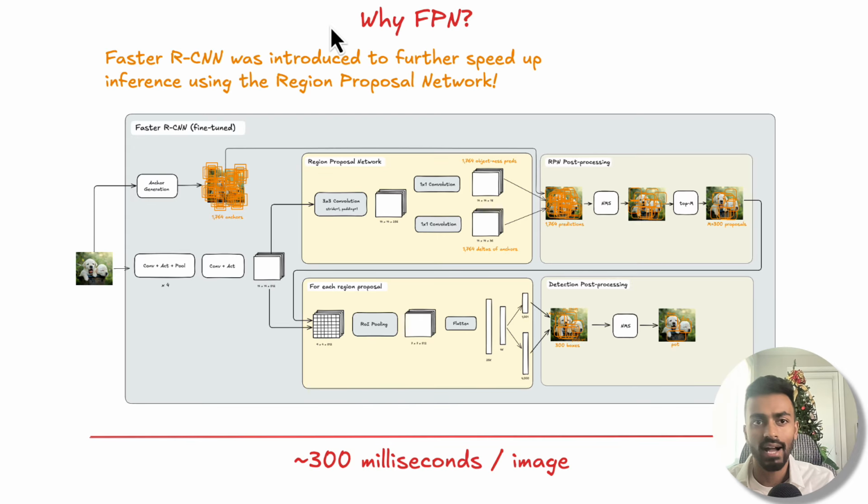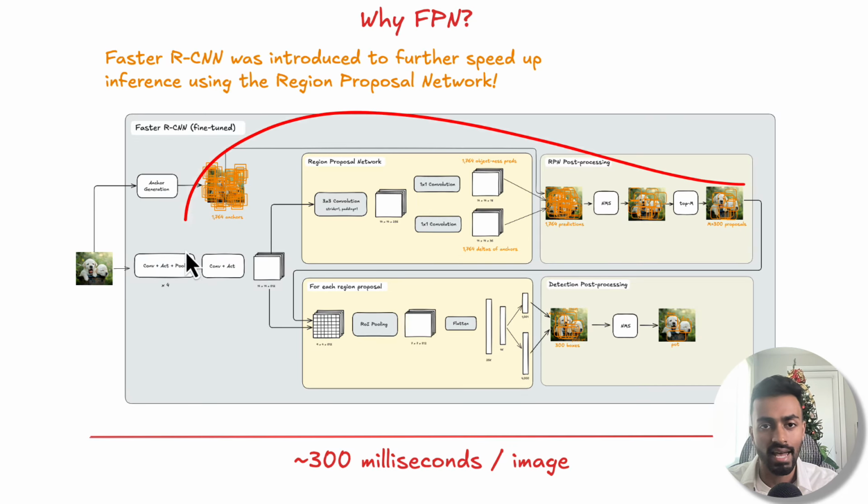Shortly after this, we actually had Faster R-CNNs introduced, which further sped up network inference to like 300 milliseconds per image on a GPU. And it did this by removing the selective search region proposal generation and replacing it with an RPN, that is a region proposal network, to generate bounding boxes around potential region proposals.